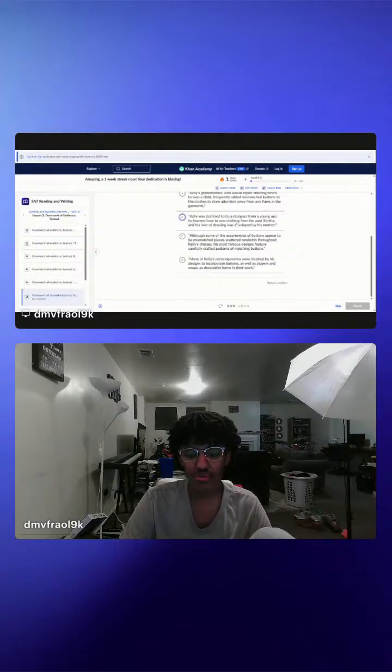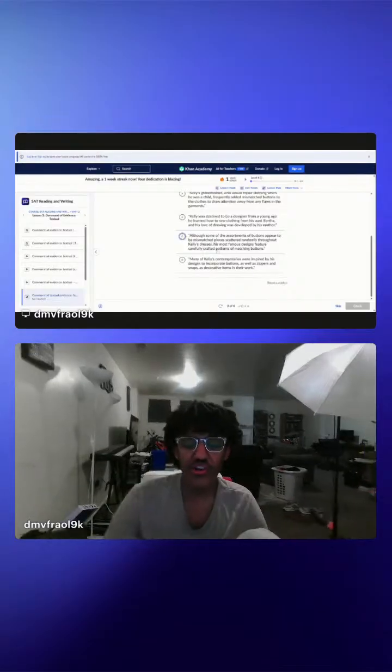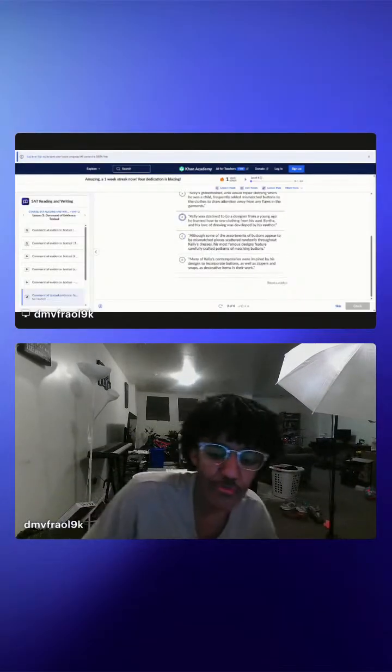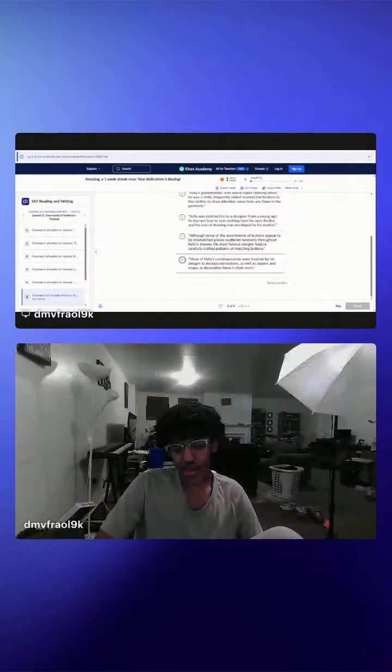He learned how to sew clothes from his aunt Bertha, and his love of drawing was developed by his mother. Although some of the assortments of buttons appear to be mismatched pieces scattered randomly throughout Kelly's dresses, his most famous designs featured carefully crafted patterns of matching buttons.